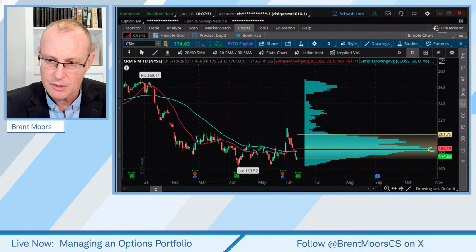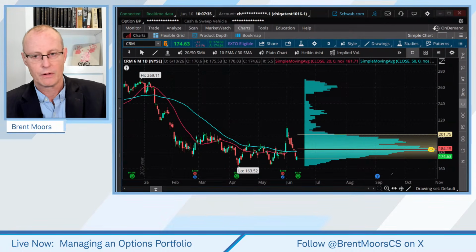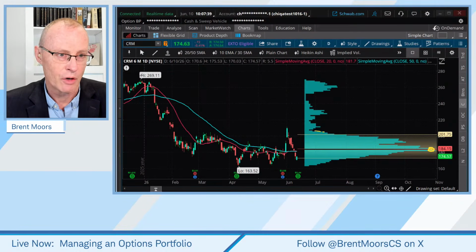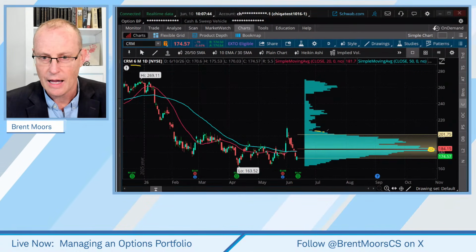Most times it seems to be trading up in this range, kind of around that 185-ish mark. This is over the past 6 months, and you can see this is kind of the area it's traded.